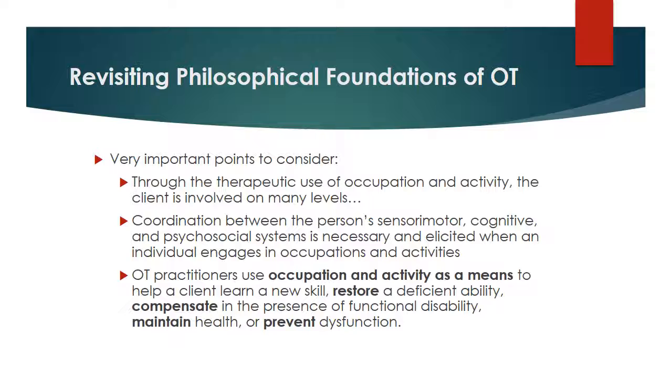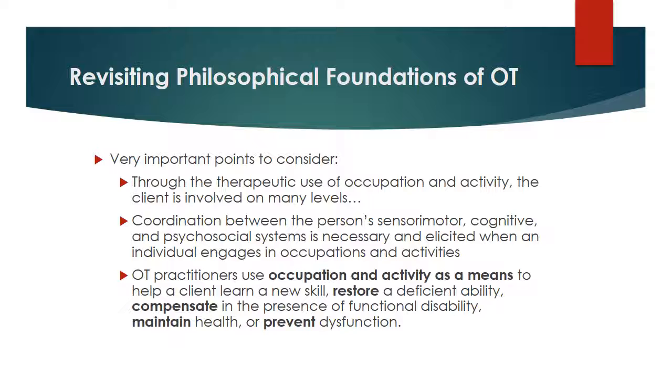Coordination between the person's sensory motor, cognitive, and psychosocial systems is necessary and elicited when an individual engages in occupations and activities. And we talked about how OT practitioners use occupation and activity as a means to help a client learn a new skill, restore deficient ability, and compensate in the presence of functional disability, maintain health, or prevent dysfunction.